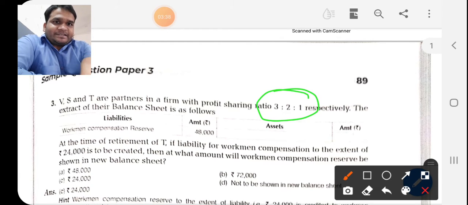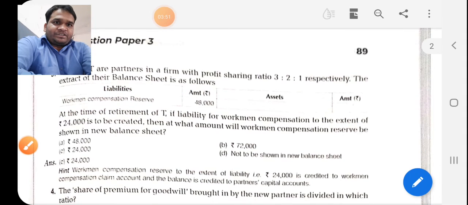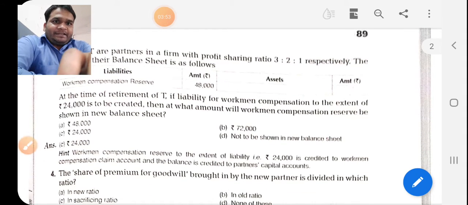An extract of the balance sheet is given, and in this the workman compensation reserve is given to us, which is 48,000. Let us see what the question is asking. At the time of retirement, if the liability for workman compensation is to the extent of 24,000, then at what amount will the workman compensation reserve be shown in the new balance sheet?